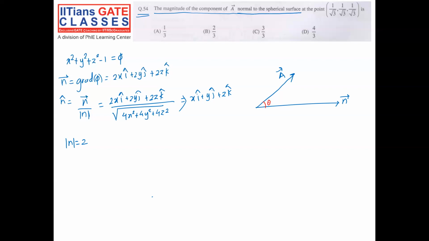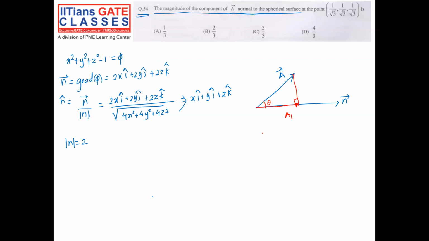So let's say theta is the angle between them. Now if you project it here, let's call it A1. Here in this case, A1 is the component of a bar in the direction of n bar.